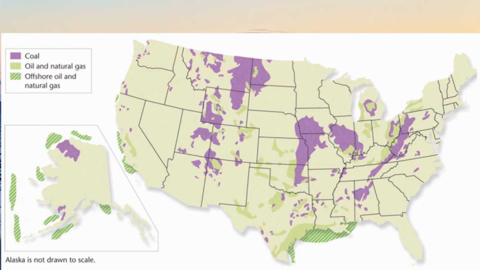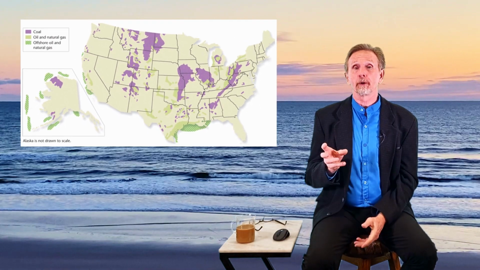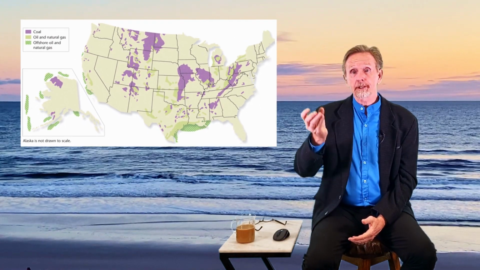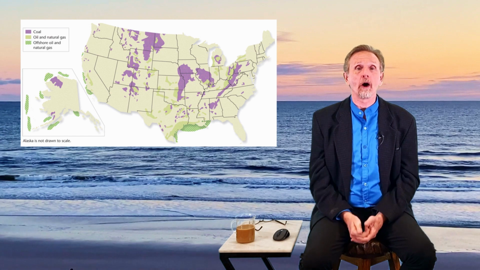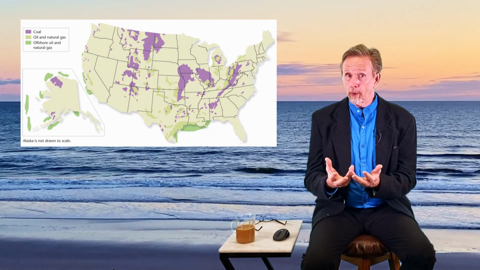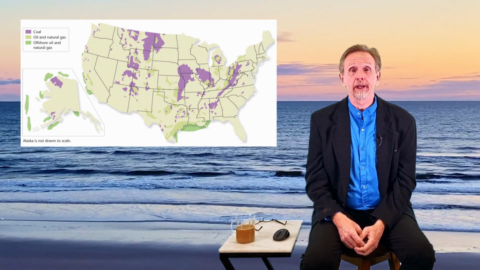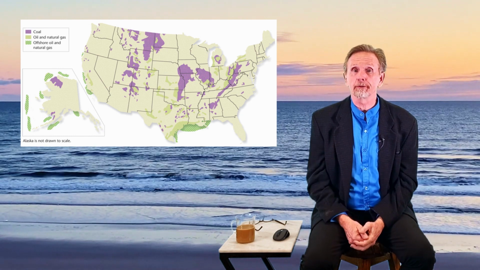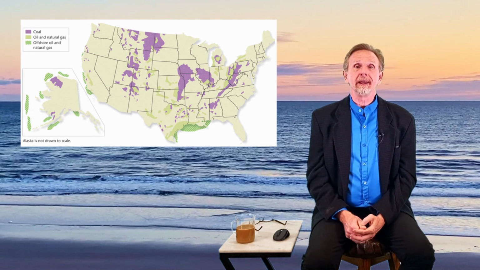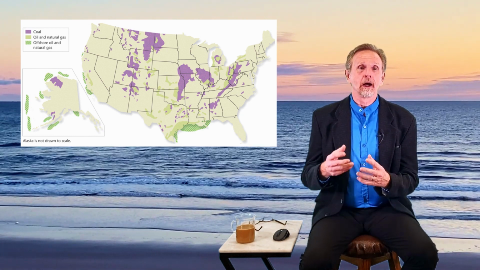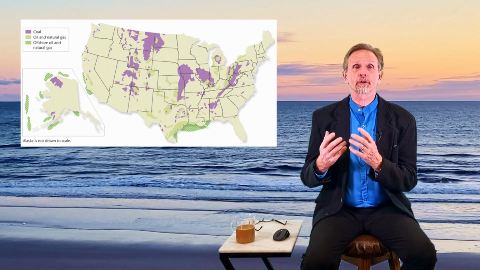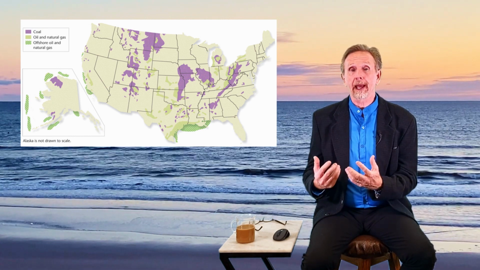If you look at the picture up here, the map of the United States, we can look at it. Now, the purple, these are our coal deposits. So along the eastern, the Appalachian Mountain Range, you see coal all up and down there. Midwest, we have large deposits as well, but we can see we have extensive coal deposits. The light green, a little harder to see, this is just oil and natural gas.